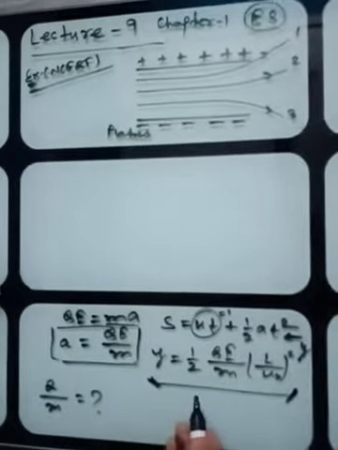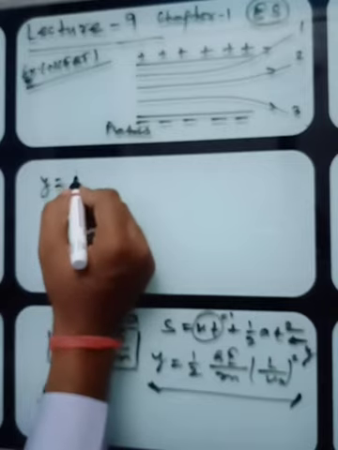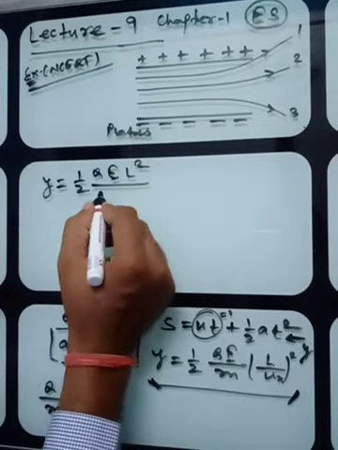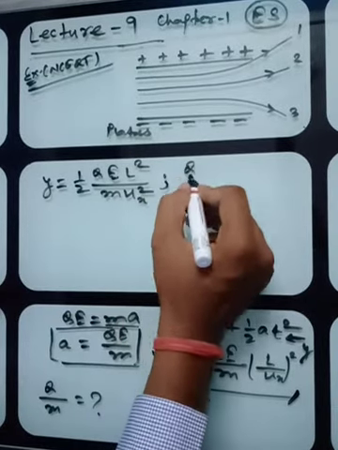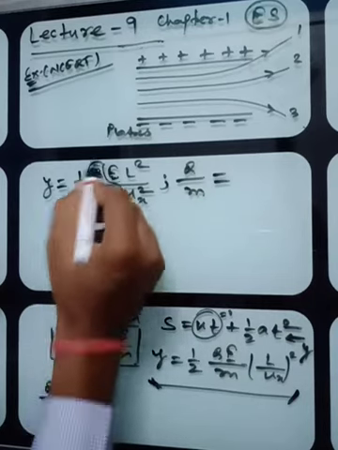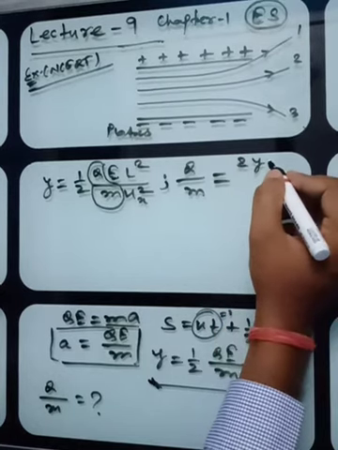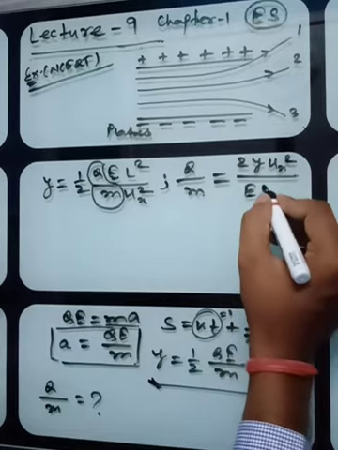From this equation you can write the charge by mass. y is equal to half QE L square by M U square, along the x-axis, and the charge by mass Q by M can be written as 2y u x square divided by E L square.